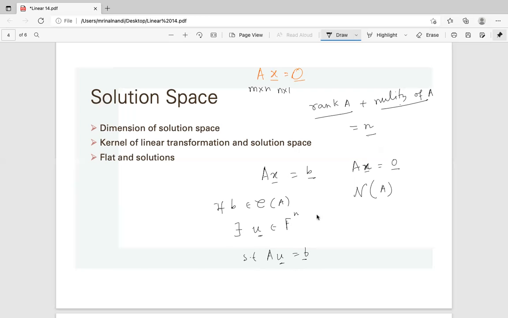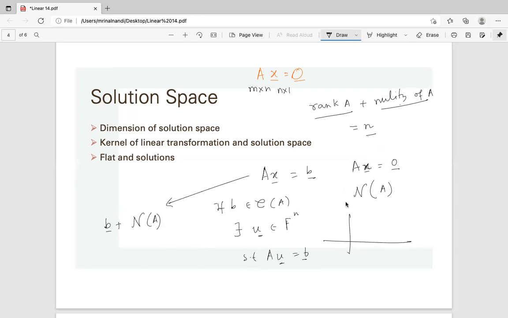Now, clearly, the solution space of this is just a flat. It is a vector U plus the null space. So that's why the flat is important. The solutions of a non-homogeneous system form a flat.